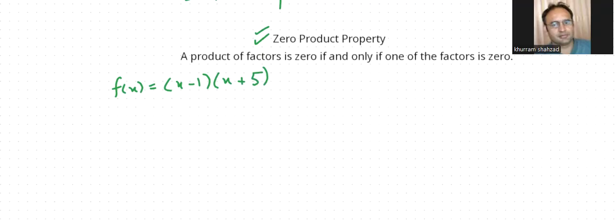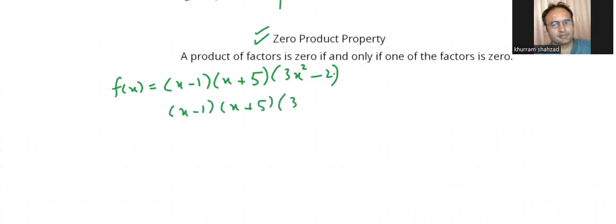This is the polynomial function, and the equation is x minus 1, x plus 5, 3x square minus 2 equals 0.